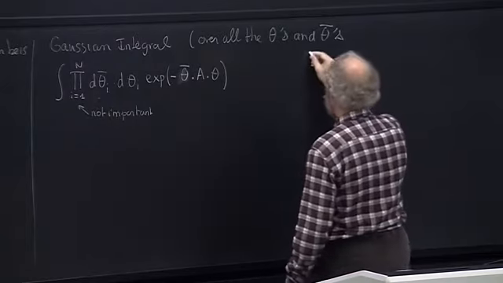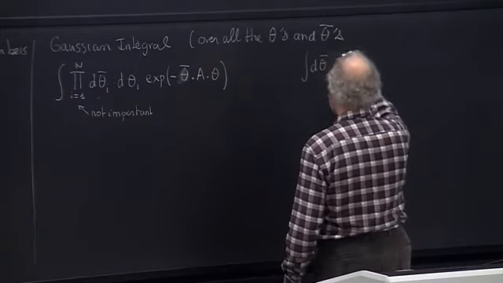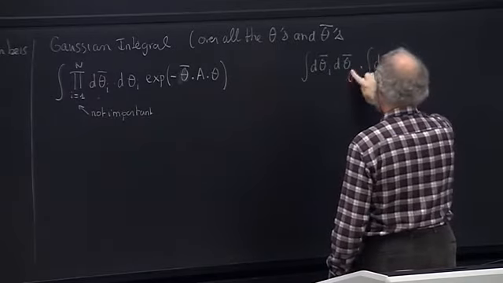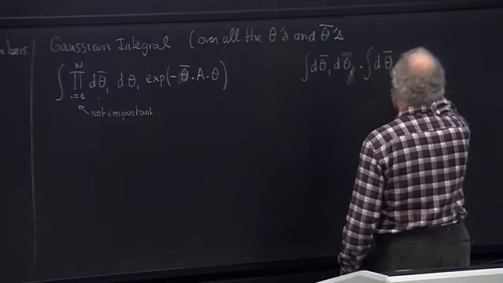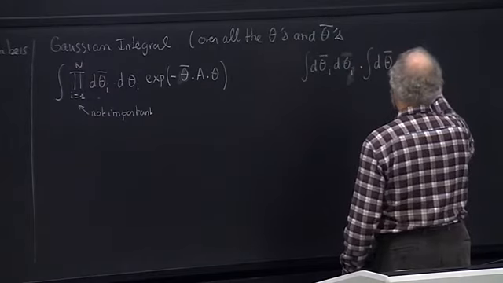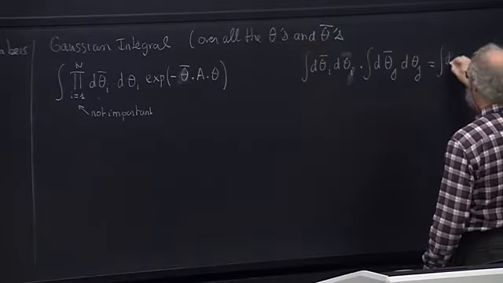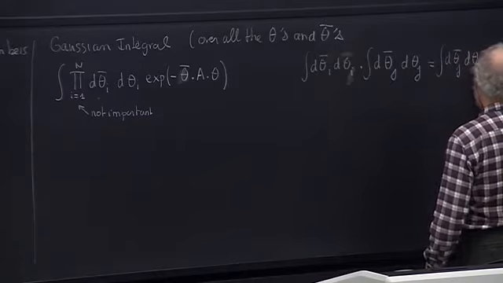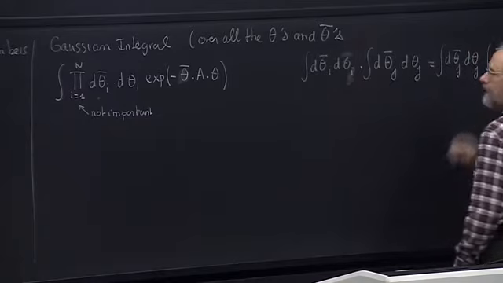So the integral over d theta bar i d theta i times the integral over d theta bar j d theta j is the same thing as the integral over d theta bar j d theta j times the integral over d theta bar i d theta i.